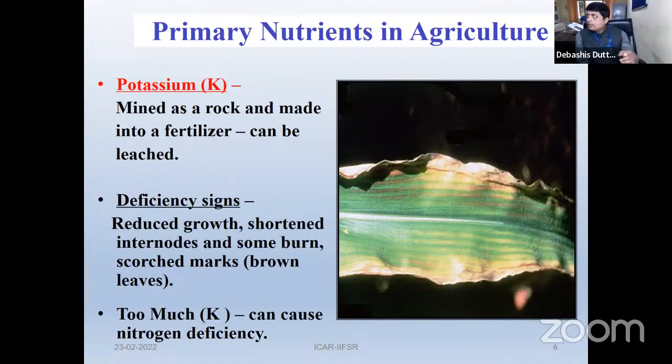Whatever you apply, these nutrients go into the soil water solution, dissociate, and become plant available. So we should know the scientific background of the different sources of nutrients, the organic sources of manures, under organic farming systems.